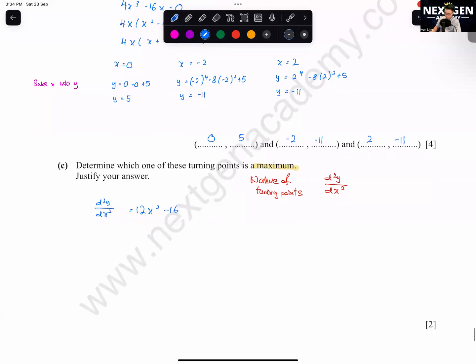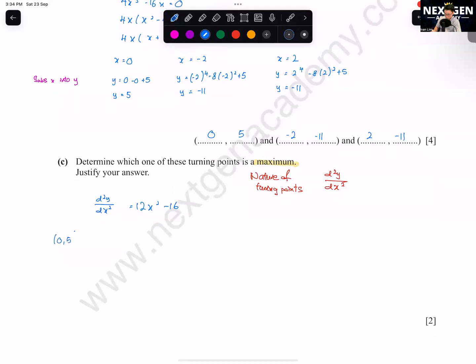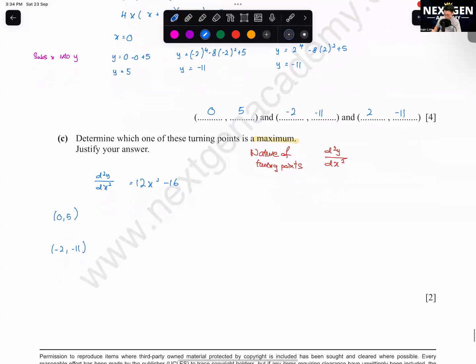You got 3 points here: (0, 5), (-2, -11), and (2, -11). Substitute all the x values into it. So 12 times 0 squared minus 16 will be -16, which is less than 0.